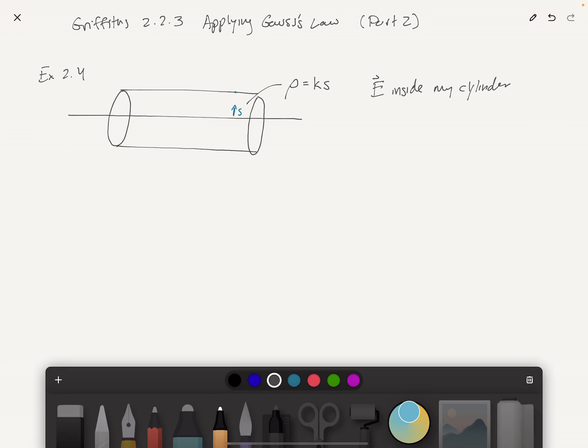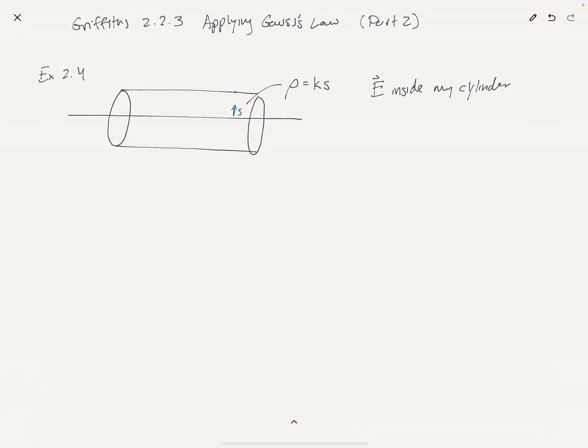All right, so let's draw a Gaussian surface. Well, let's write Gauss's law in integral form first. So I have all of the flux going through some surface is equal to 1 over epsilon naught Q enclosed. Now, my goal here is to pick a surface that makes this dot product easy. For cylindrical symmetry, we're going to use a cylindrical Gaussian surface.